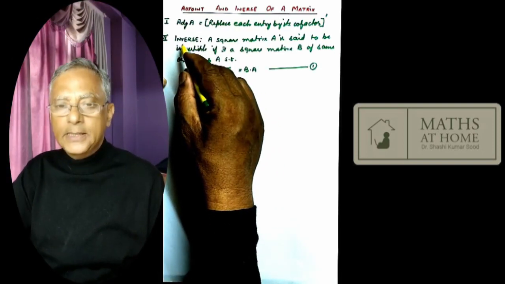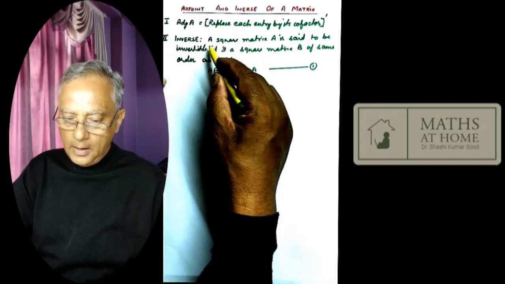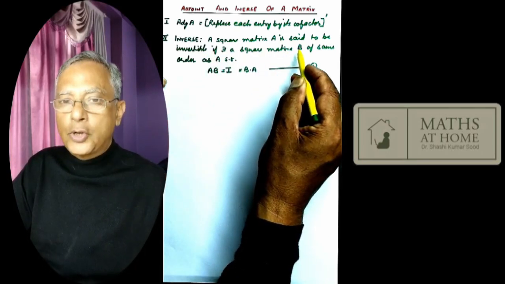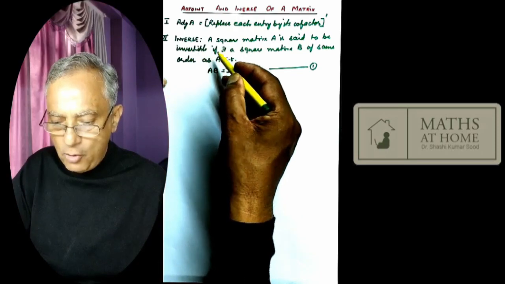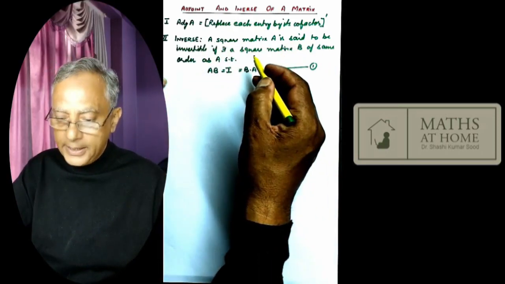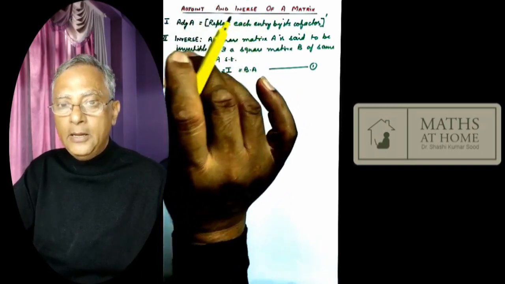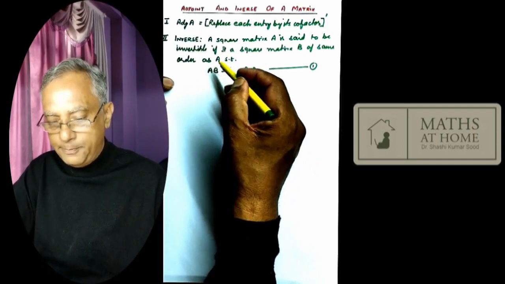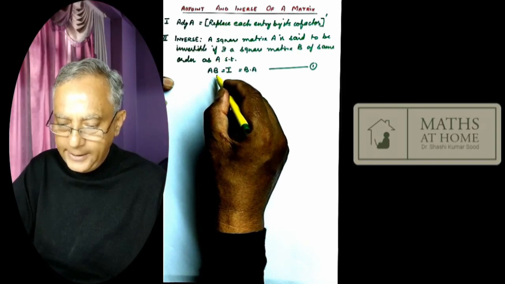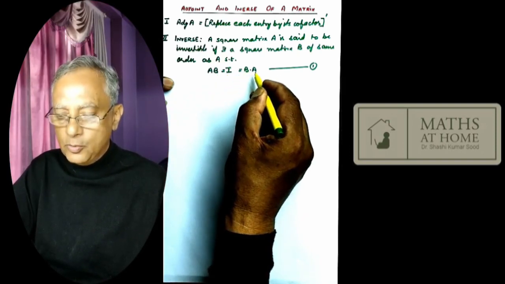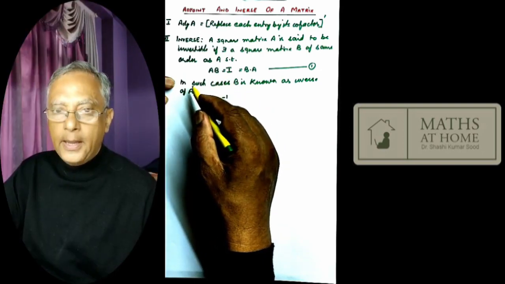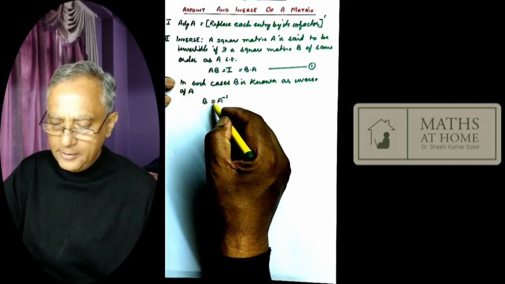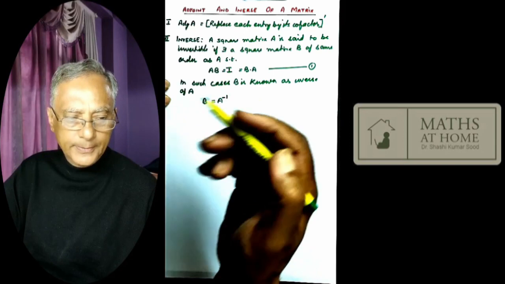Now the next definition is inverse. A square matrix A is said to be invertible if there exists a square matrix B of the same order as A, and this matrix B satisfies the property that A into B is equal to I is equal to B into A. In such cases, B is known as the inverse of A, and we write B is equal to A inverse.